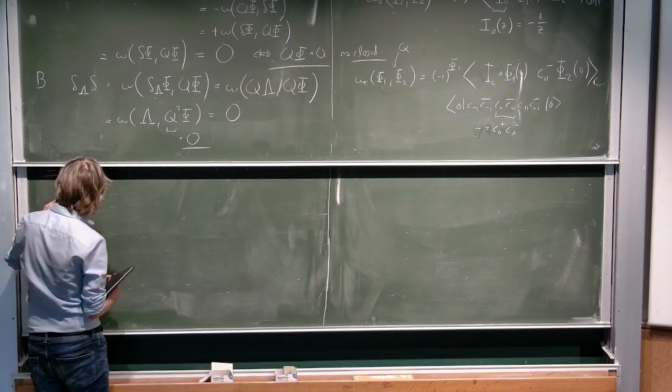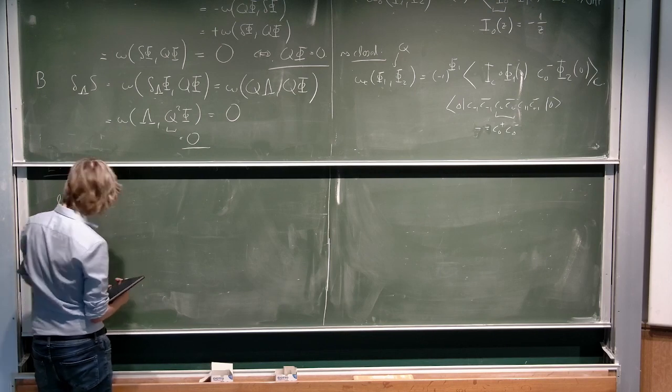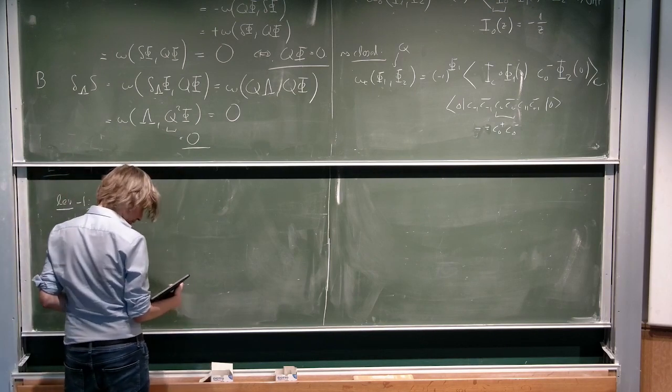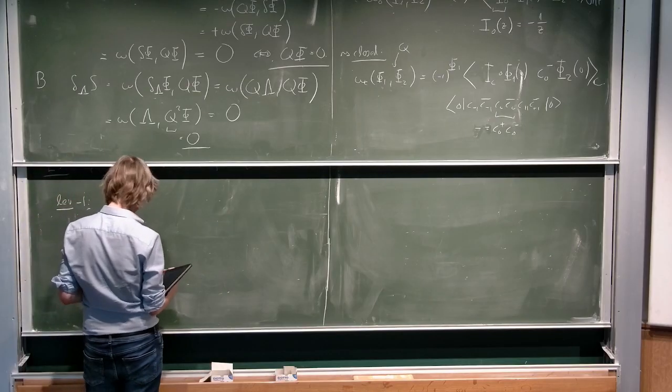So starting with level -1, of course, what we all know that we encounter in bosonic string theory is the tachyon, right?